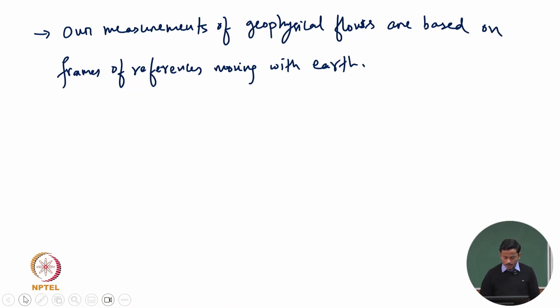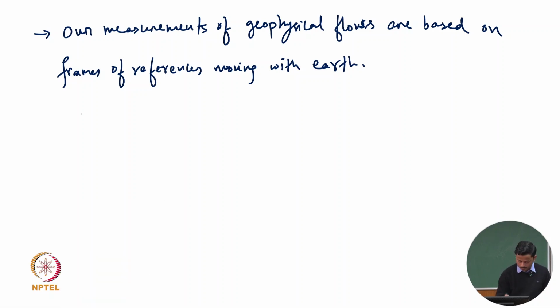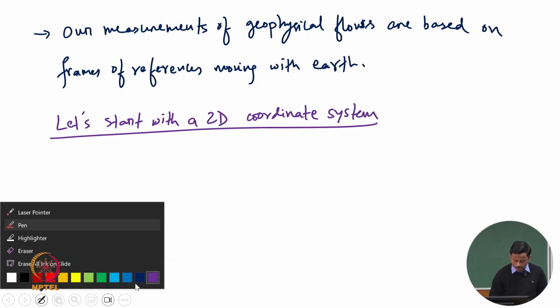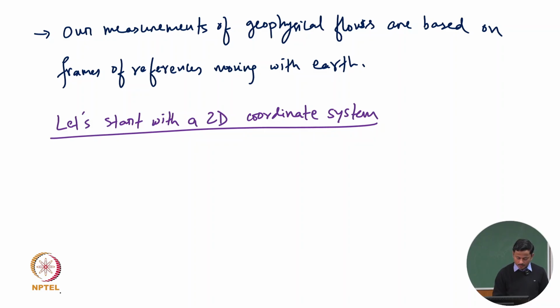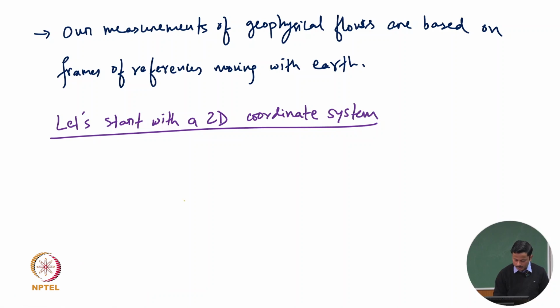So let's start with a 2D coordinate system. We have an inertial frame of reference, and then we have a non-inertial frame of reference.